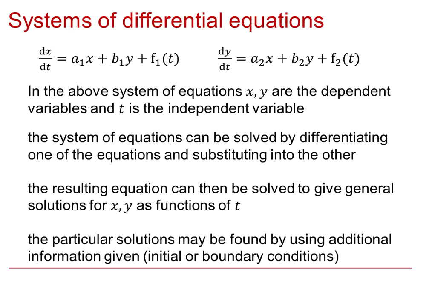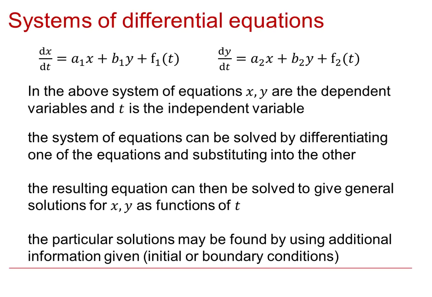In summary then, when we have a system of differential equations, for example dx/dt = a1 x + b1 y plus some function of t, and dy/dt = a2 x + b2 y plus a different function of t, then x and y are the dependent variables and t is the independent variable.